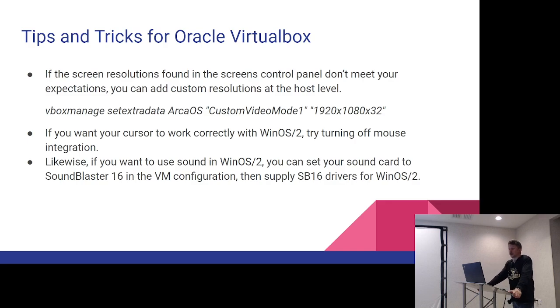Likewise, if you want to use sound in WinOS/2, you can set your sound card to Sound Blaster 16 in the VM configuration panel, and supply SB16 drivers in WinOS/2. I don't have a recommended specific driver download, but there are sources online, maybe archive.org, where you can get yourself an SB16 installer diskette set and pop the images in and install those, and WinOS/2 should just take that in.